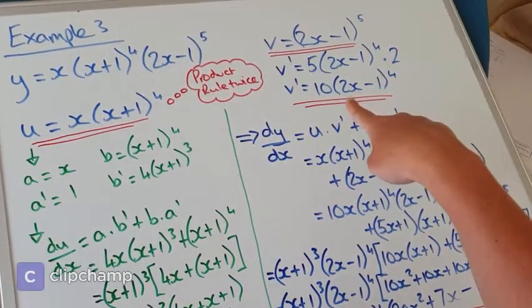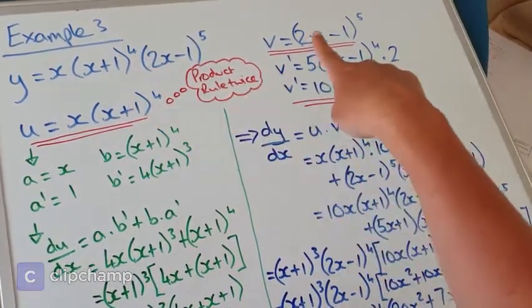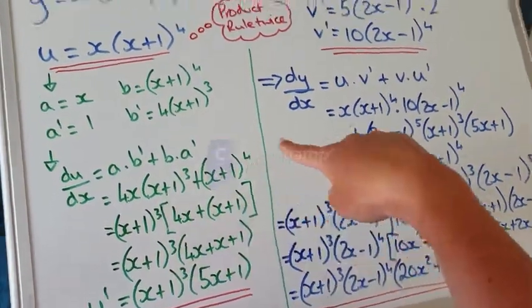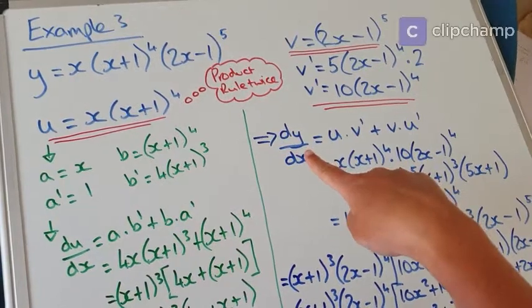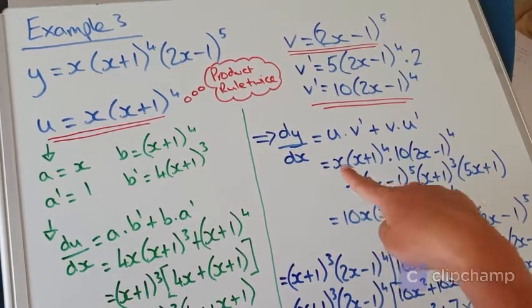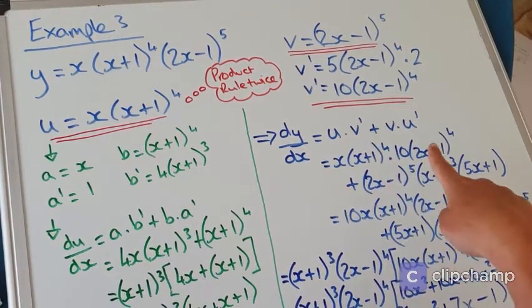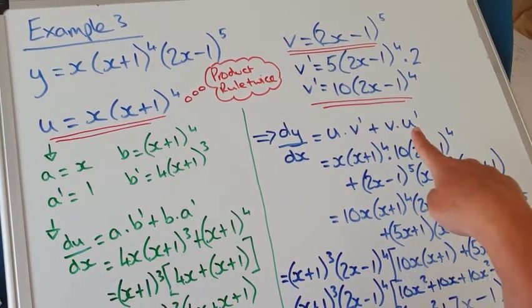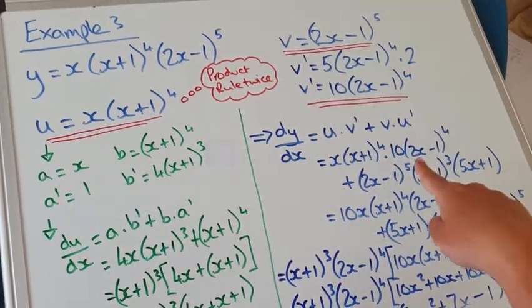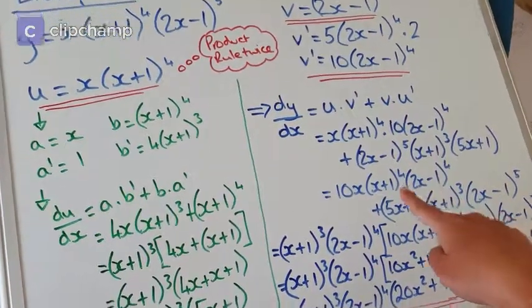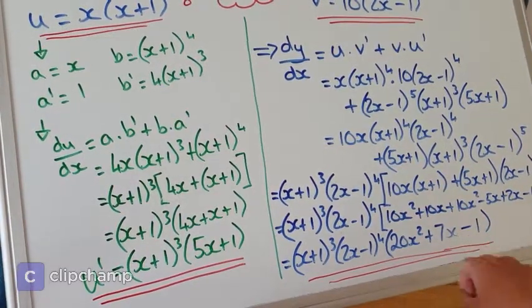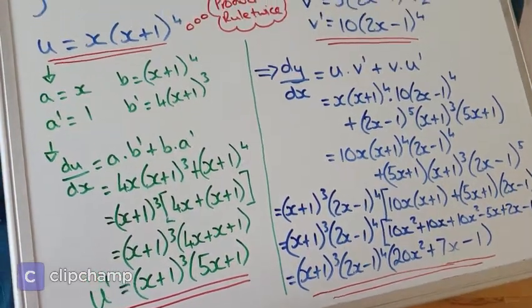You also work out your v dash, so you've got u, v dashed, and u dashed, which then allows you to get your final answer for dy by dx using the product rule, and you got that u dashed from the bit in green. Okay, the hardest bit here was looking at what you've got, taking out any common factors and manipulating the algebra. That's probably the hardest bit.